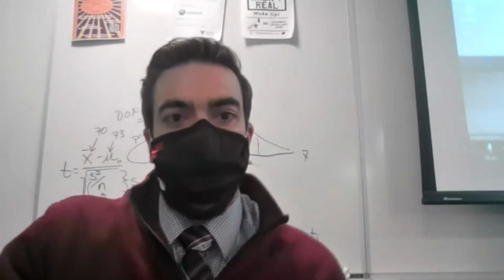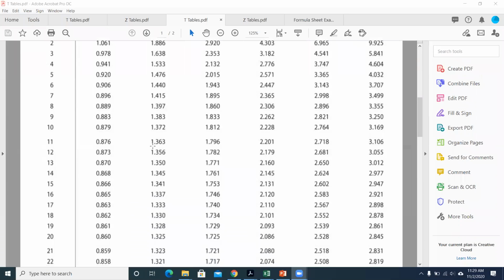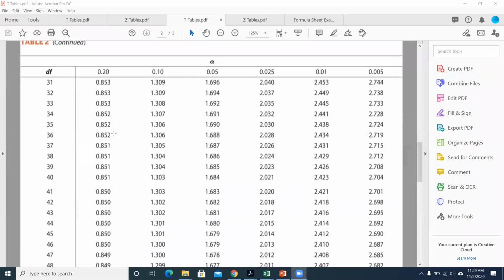So we go to that table. 34 is our degrees of freedom. All right. We try to find 2.57. Well, I don't have exactly 2.57, but it would be somewhere in between these two values, right?